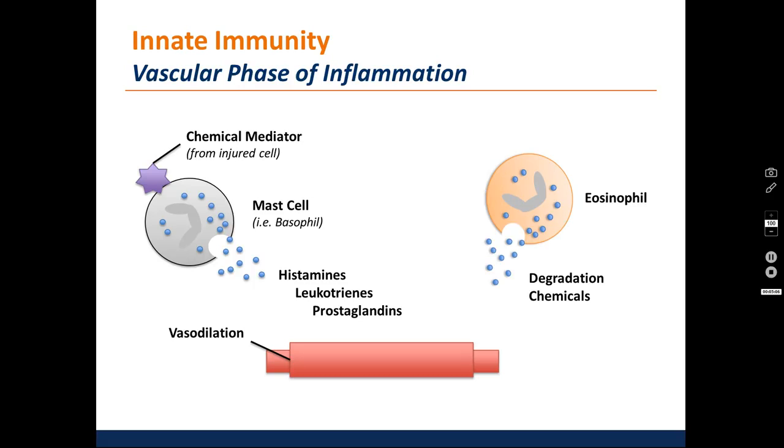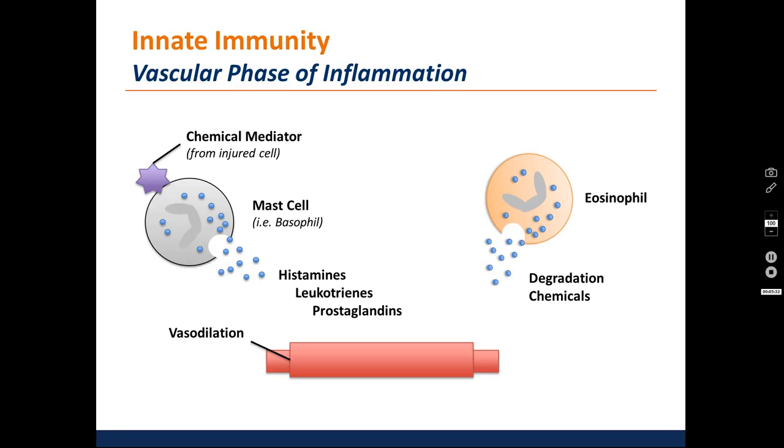And when these chemical mediators bind to a mast cell, it causes the mast cell to release cytokines, which include histamines, leukotrienes, and prostaglandins, and those will result in dilation of the arterioles, particularly the vasodilation of the arterial side of the capillary bed.